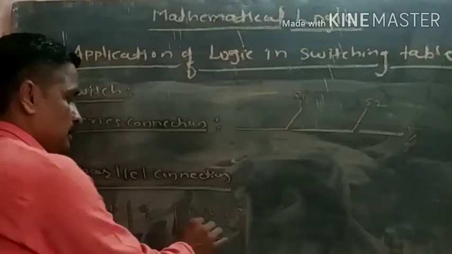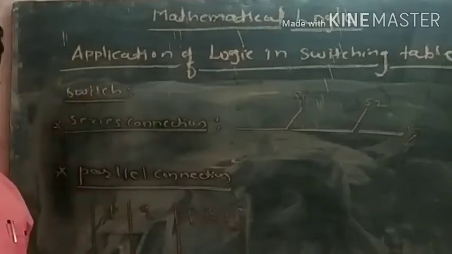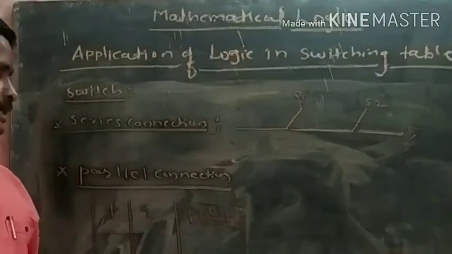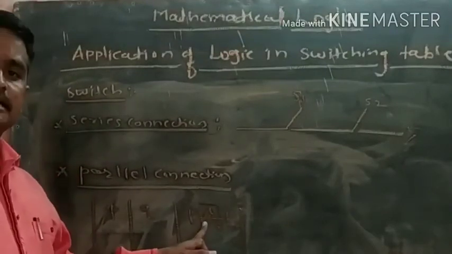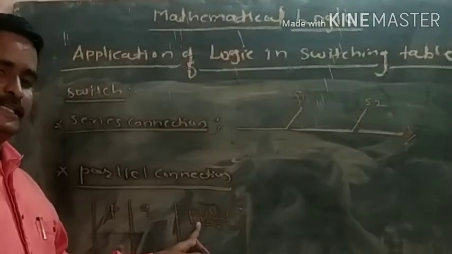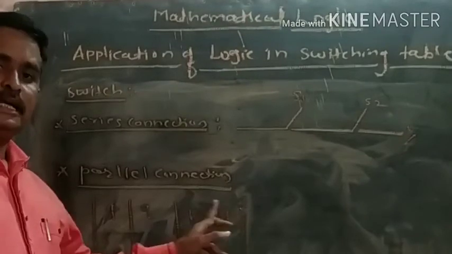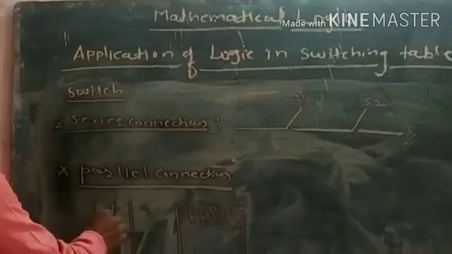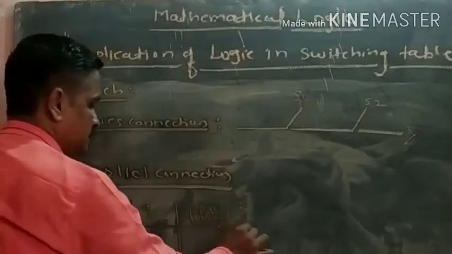If we use a series connection, always treat it as a conjunction. Conjunction means two switches P and Q, or S1 and S2, are connected in a series way. So what is the output of this table?